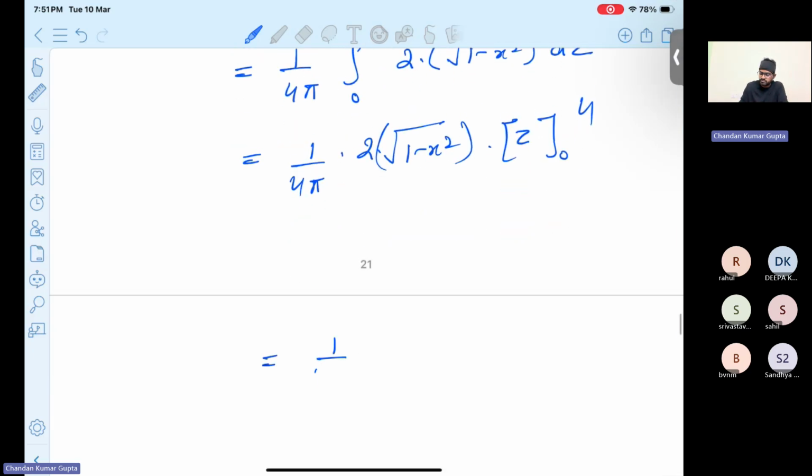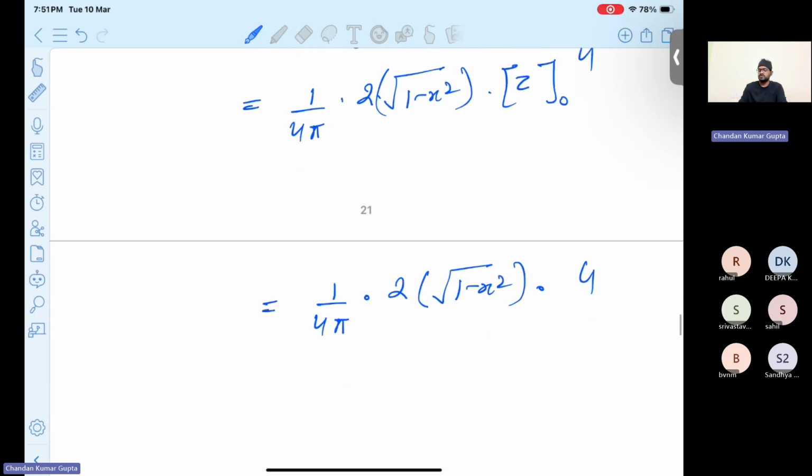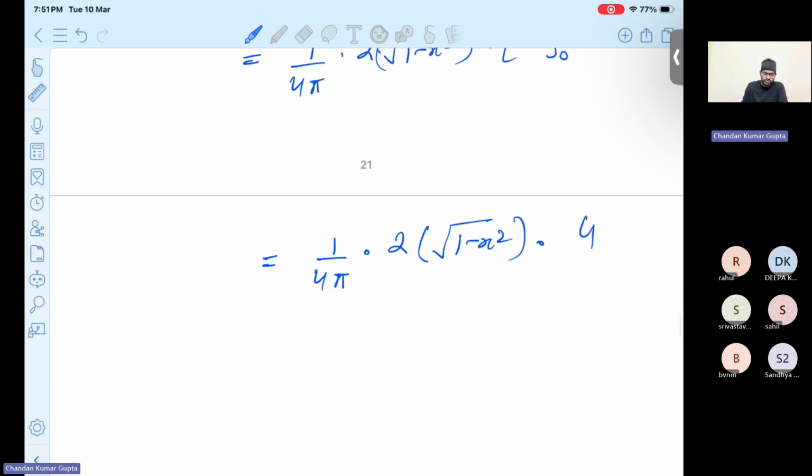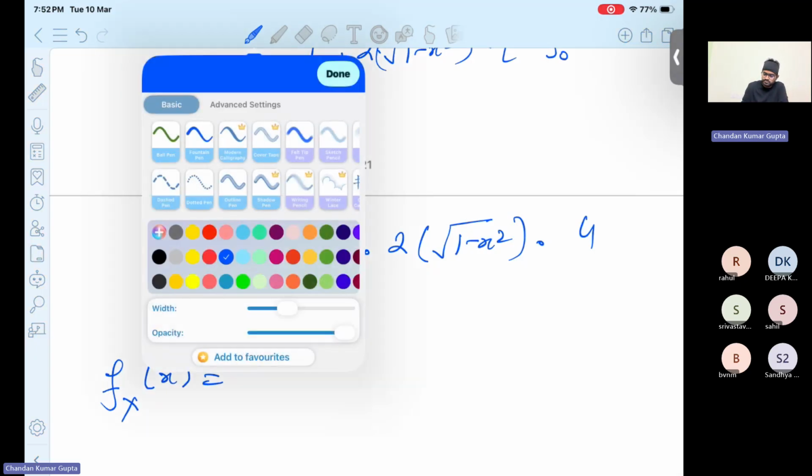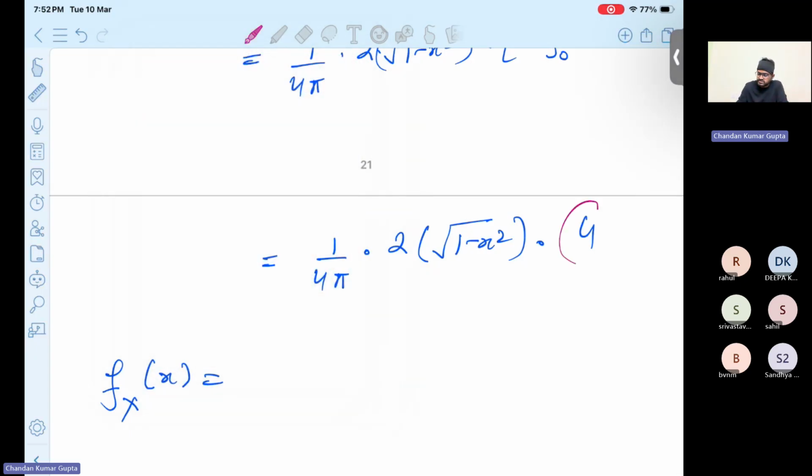It comes up to be 1 upon 4 pi into 2 within bracket under root of 1 minus x square into 4. The 4 will be cancelled out. So the overall answer comes out to be, you can see now this 4 can be cancelled out with this one. The rest is written directly.